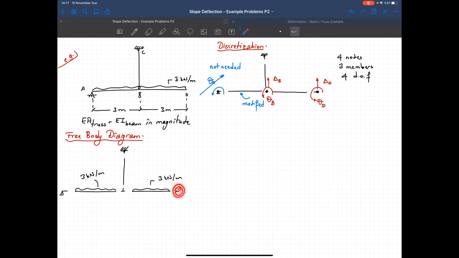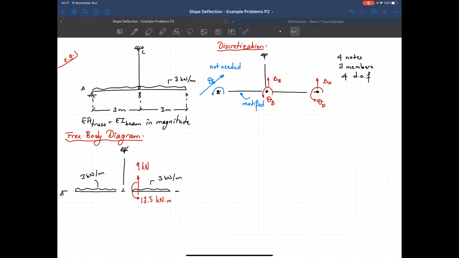This end is free to rotate, yes, and also it's free to translate. So in other words, what I know here is M is equal to 0 and shear is equal to 0. And when you just isolate this member and you know the forces at this end are equal to 0, we can actually directly determine the end moment, which is equal to 13.5 kilonewton meters, and the shear force, 9 kilonewtons.